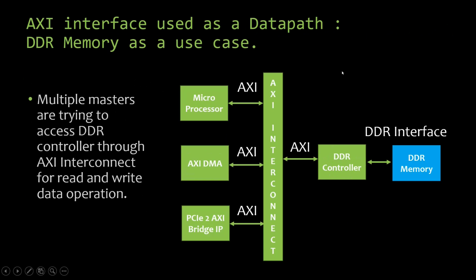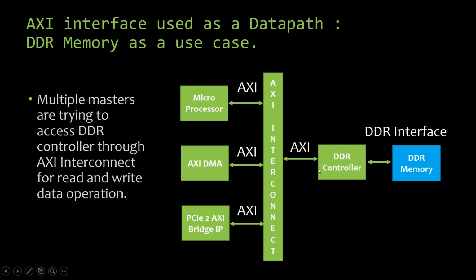Now friends, let us consider another example of an AXI interface used as a data path. In the previous example, we discussed the AXI interface as a configuration path. Now here we are considering the AXI interface as a data path. In this example, I am considering a DDR memory controller.